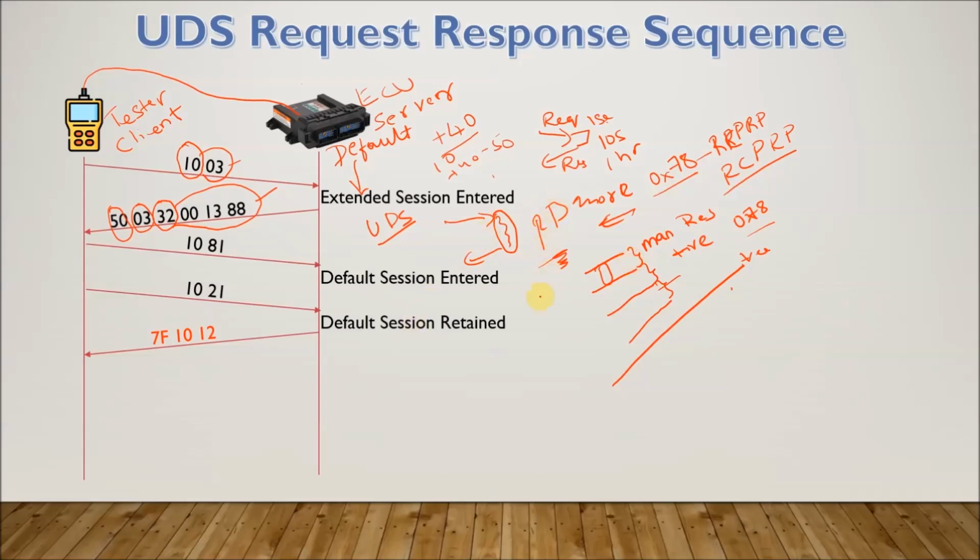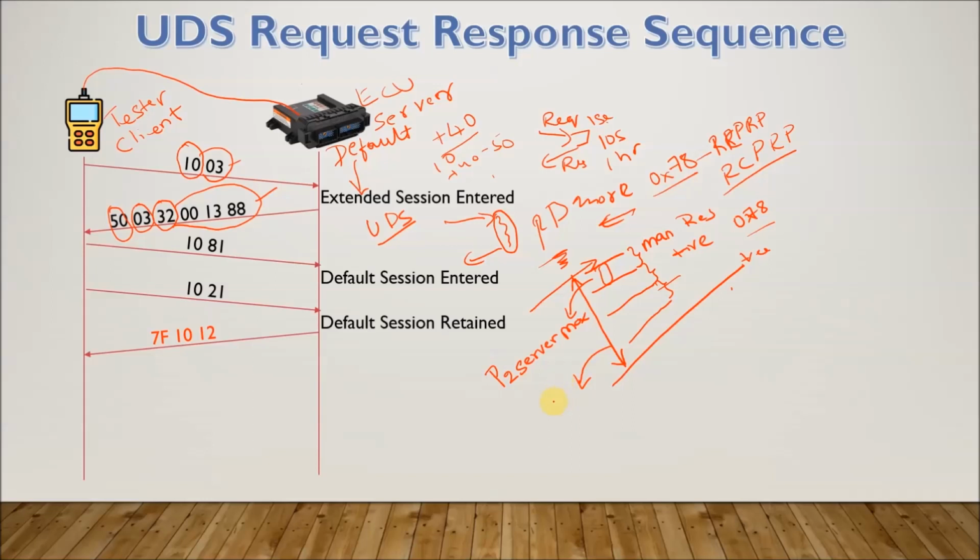That maximum time limit for a response is called P2 server max. And the maximum total time limit given here, the maximum limit for the ECU to definitely send a positive response, is important.